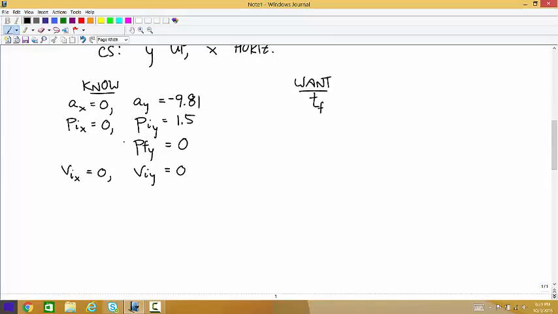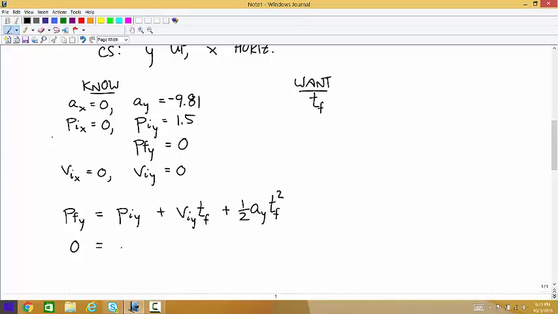And so based on this, the equation that we're going to use is PFY is equal to PIY plus VIY TF plus 1/2 ay tf squared.